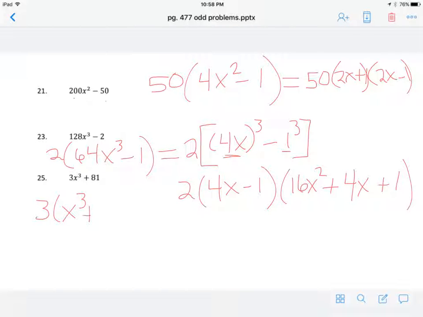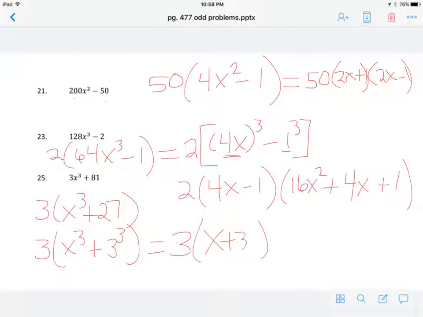Okay, 3 times the quantity x to the third power plus 27. Okay, then you can rewrite that as x cubed plus 3 to the third power, because we always want something with 3. And then 3 times x plus 3, x squared minus 3x plus 9.